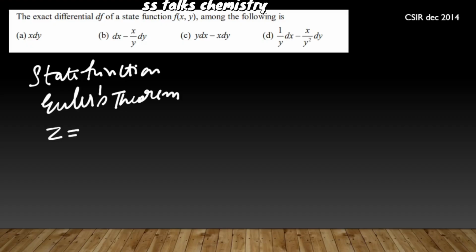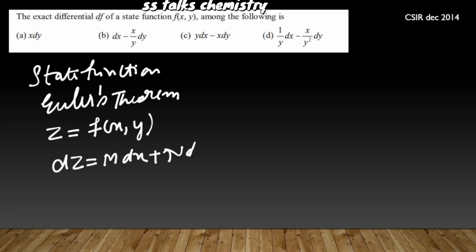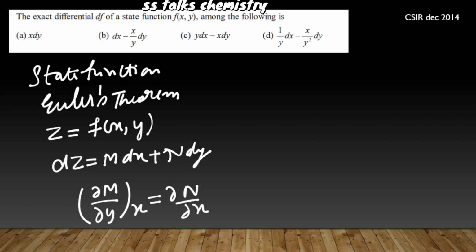According to Euler's theorem, if z is a function of x and y, then dz is written as M dx plus N dy. This condition should be satisfied: del M by del y at constant x is equal to del N by del x at constant y.